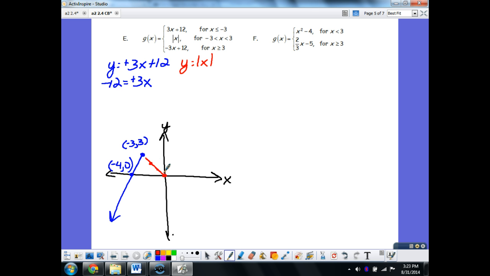Then when we plug in 1 and 2, now when we plug in 3, we got 3, but that once again is going to be an open circle because it doesn't include 3. So that's what that middle piece looks like. It's a V shape. Remember we talked about in the last video with the piecewise where that absolute value function is a V shape.